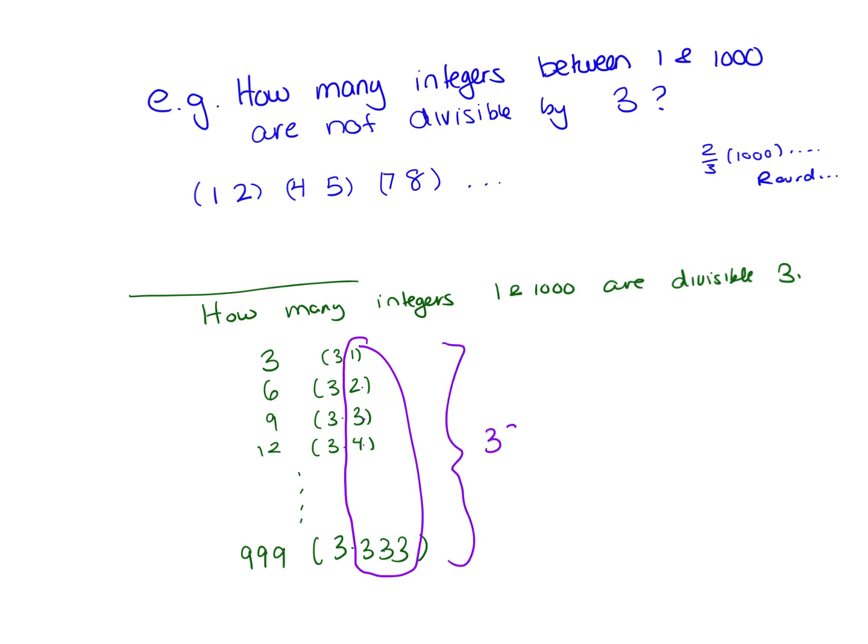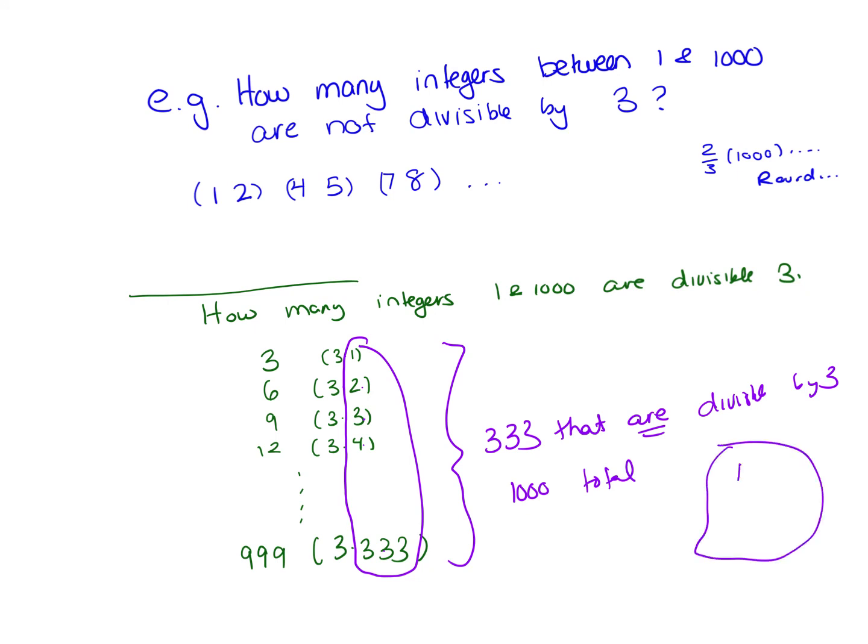So there are 333 that are divisible by 3. There's 1,000 total. So my entire set is 1,000. Inside that set, I have 333 that are divisible by 3.